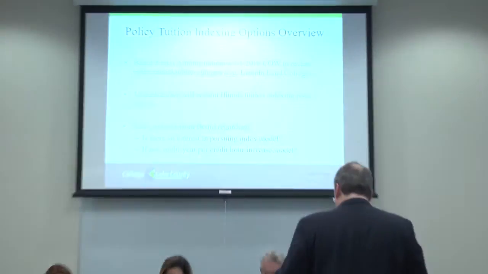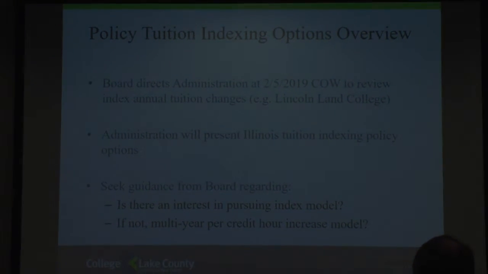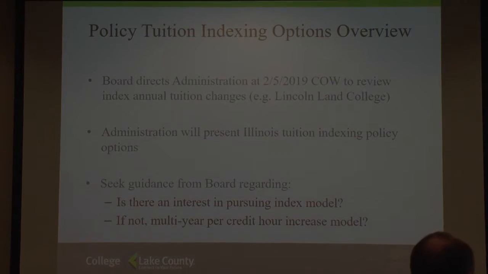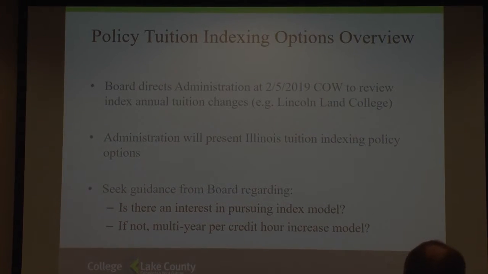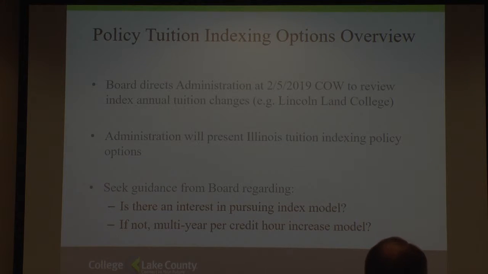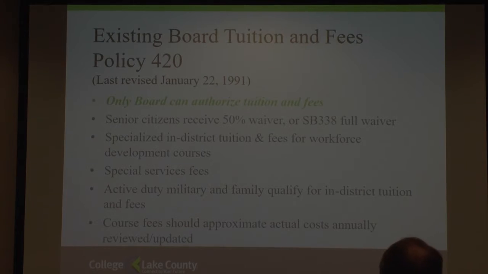Thank you. I was given the assignment from the board at the February planning retreat to explore some of the community college index models where the boards have adopted an index to use as a vehicle for setting tuition each year. So the goal for today is to present you the information we've gathered and then seek your guidance for next step.